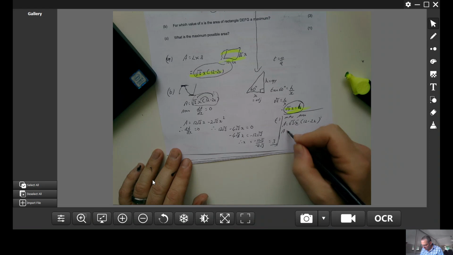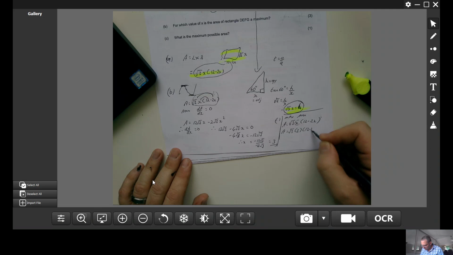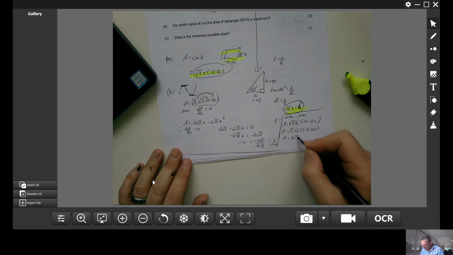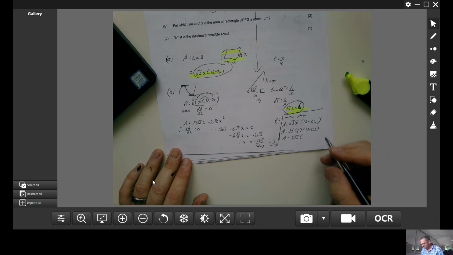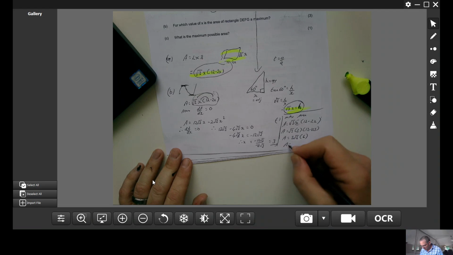So the maximum area will be root 3 times 3 times 12 minus 2 times 3, which is 3 root 3 times 12 minus 6 is 6, so it's going to be 18 root 3. Okay, double check that. Yep. So area is equal to 18 root 3.